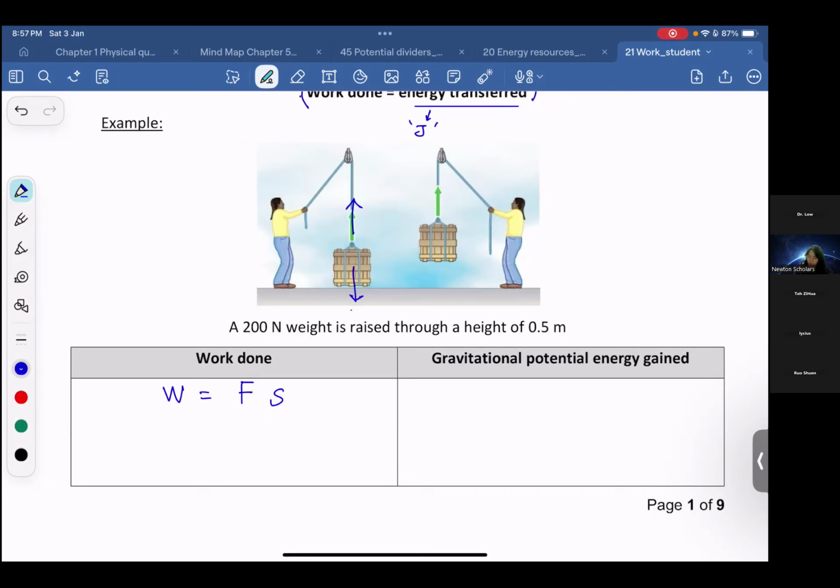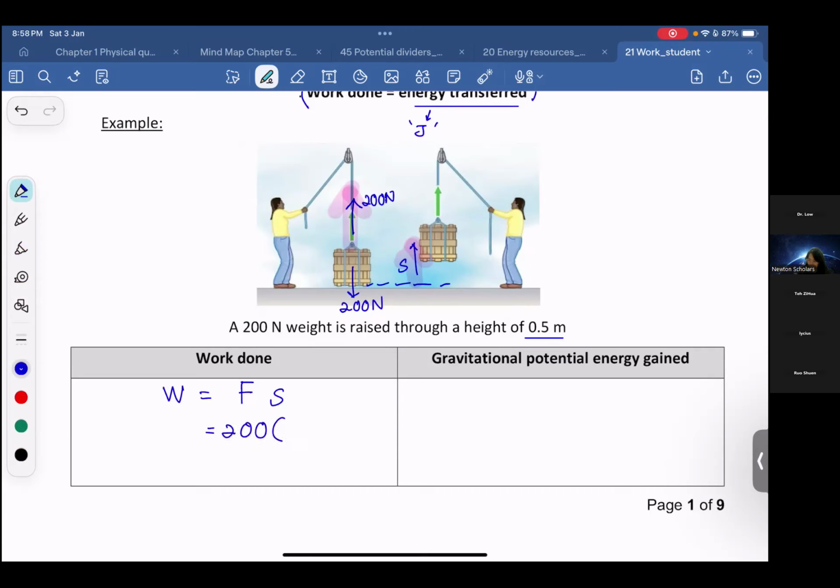The weight is pointing downward, always downward. This is 200 Newton. In order to lift it, you also need 200 Newton. Get it? From here we lift it up to a new position, 0.5 meter. This is my direction of force, this is my distance, I move up. So the distance s and my force are in the same direction. So here the force that we need is 200.